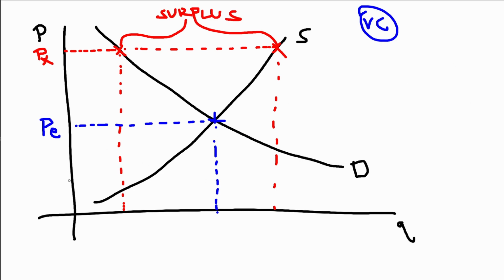And then if the price is set too low, we're going to call that something else. Price Z. That's bad. If you're a math person and you don't like that I'm using X and Z up there, then sorry. So we're going to pretend that lines up here. So we'll do the same thing down here. If the price is too low, suppliers don't want to supply anything, but people are demanding a ton of them to a point.